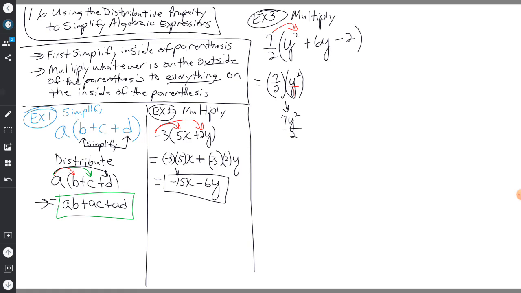And now going on to the second term, we have a plus there. So plus 7/2 times 6y. And again, we can put a 1 under this one and make it into a fraction.